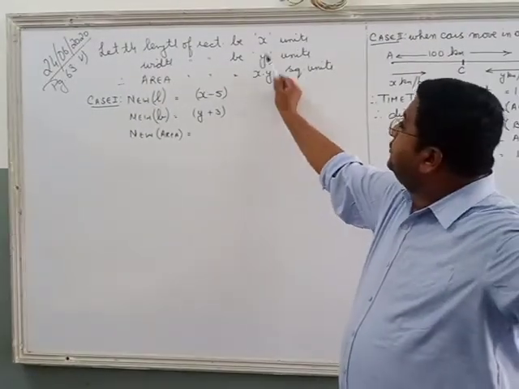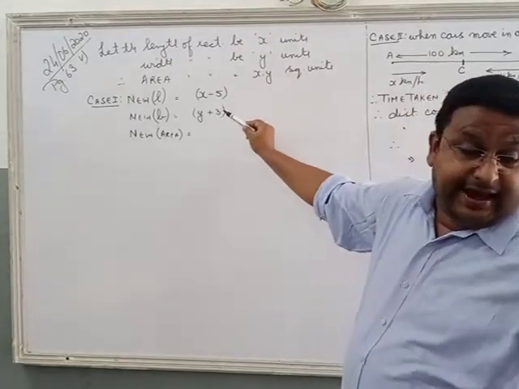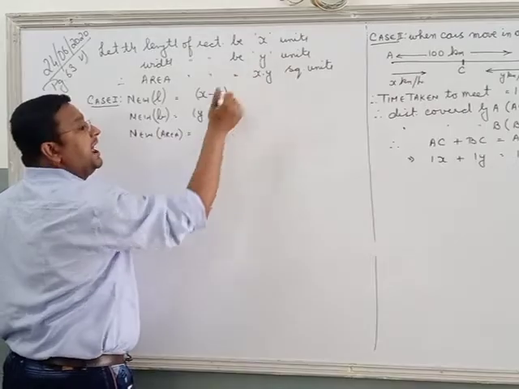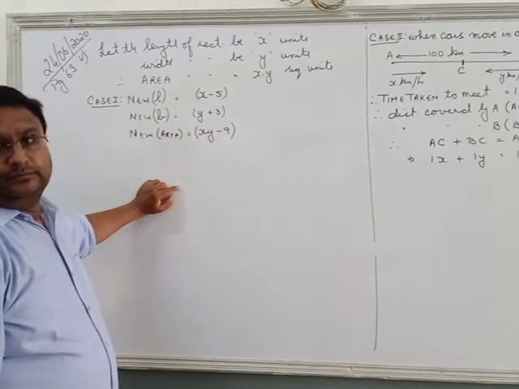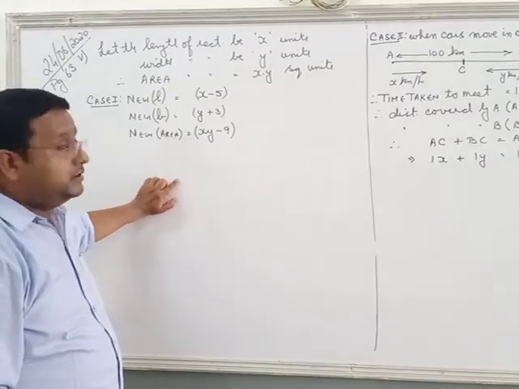Length is reduced by 5 and breadth is increased by 3. The area gets reduced by 9. What was the original area? xy. So xy minus 9 is the new area. Clear? Any confusion?